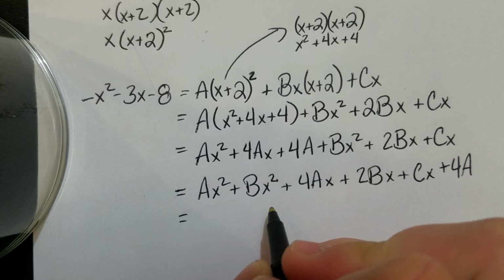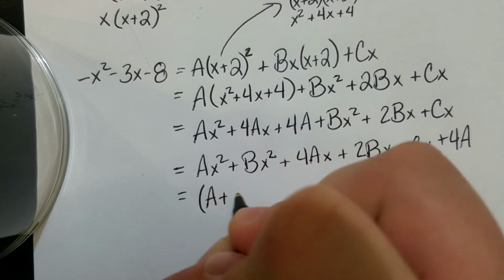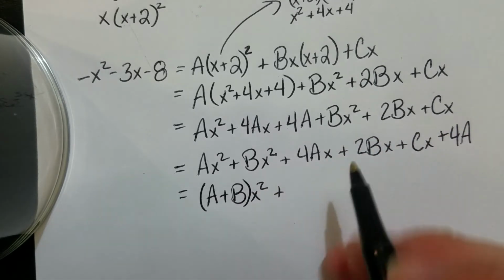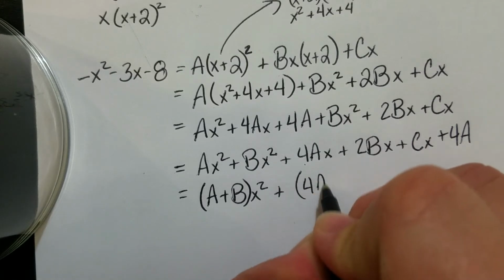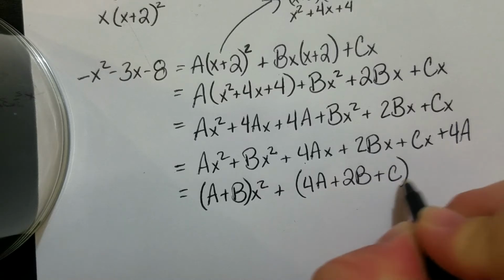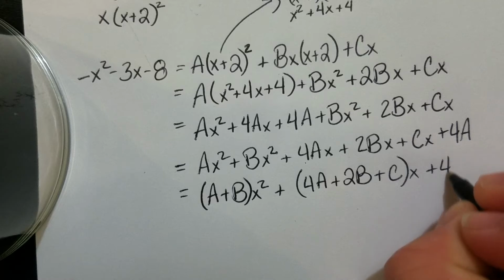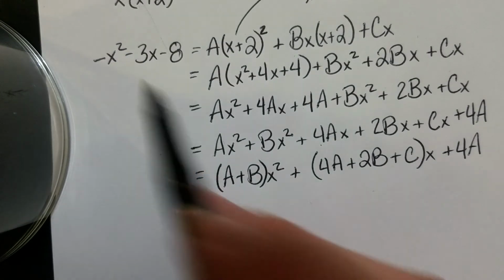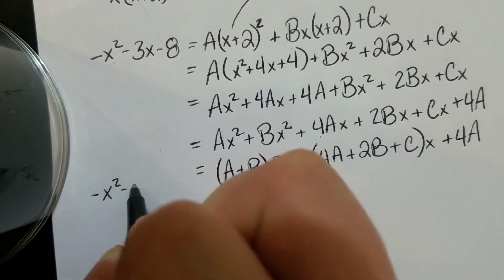Factor out your x's. So in this case, I'm going to have A plus B, and then x squared. This one, I'm going to have 4A, 2B, and C, and x. And then last but not least, I have plus 4A. So notice this big long thing equals this one, so I'll just go ahead and rewrite that over here.